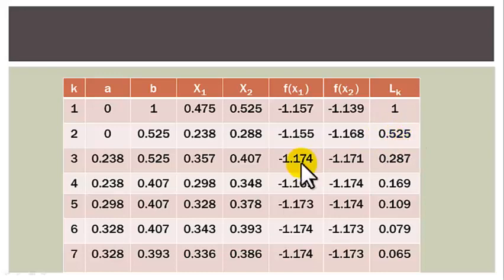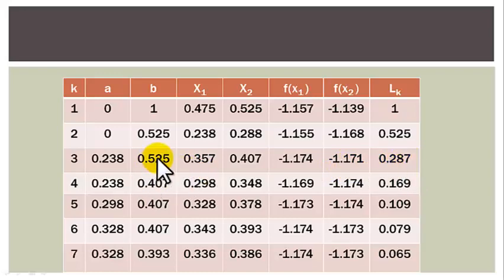The length of this interval of uncertainty is this one minus this, which is equal to 0.525. Now, using this interval of uncertainty from 0.238 to 0.525, we obtain x1 to be 0.357, x2 to be 0.407. Then f of x1 is minus 1.74, f of x2 is minus 1.71. The length of the interval is 0.287.